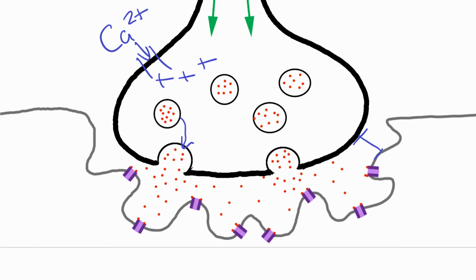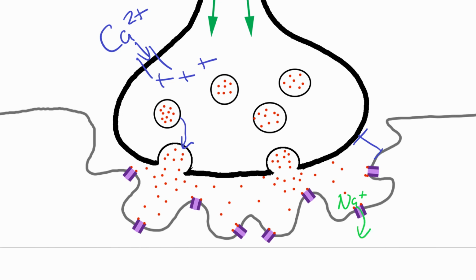What's going to happen is the acetylcholine is binding to the receptors. It's going to cause these chemically gated channels to open up. It's going to allow sodium, which is found outside here, to come in.